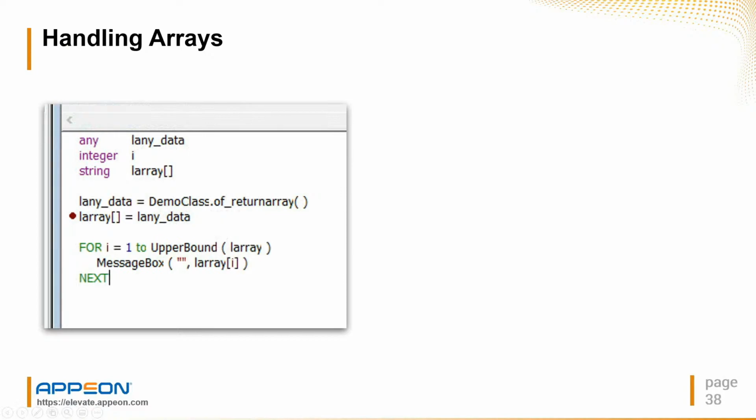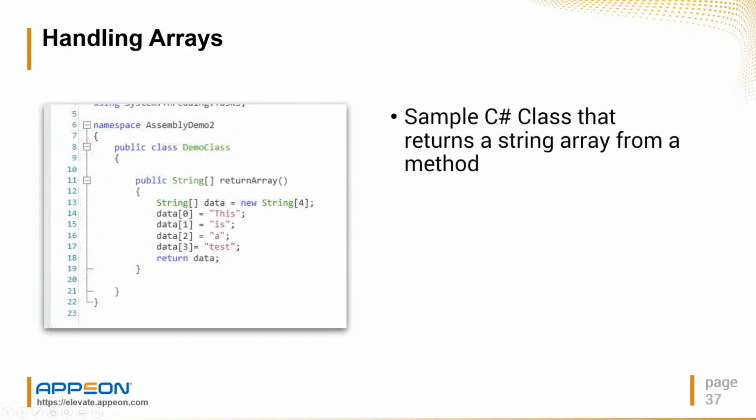So once again, we've got that OF underscore prefix that's put on the method name, return array. Notice that returns an any data type. Okay. Now we have our string array, and we just assign the any data type to the string array. And then at that point, now we can loop through. Remember, once again, I said C# is 0 indexed.